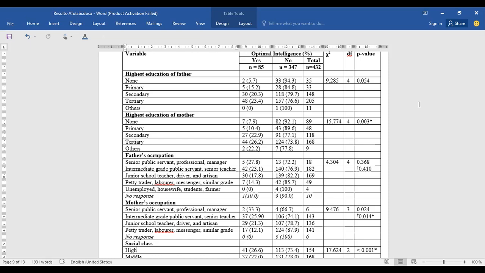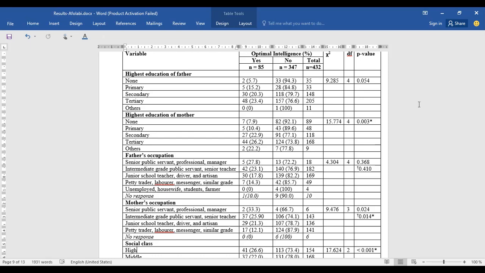If you divide by the grand total, which is 432, that will give you 0.787. That's for the cell that has 0. For the cell that has 7, the row total is 49, times the column total of 85, divided by 432. That one is okay. Only the first one is the problem, because its calculated expected value is less than one.